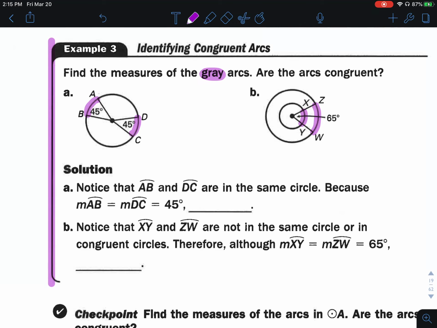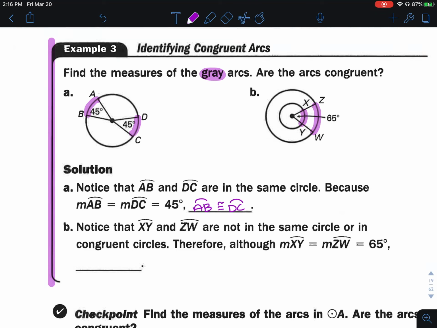Because the measure of AB is equal to the measure of DC, which is 45, we know that arc AB is going to be congruent to DC. They are congruent because they have the same measure and they're in the same circle. Okay, so that's 2 things we need: same measure and same circle.